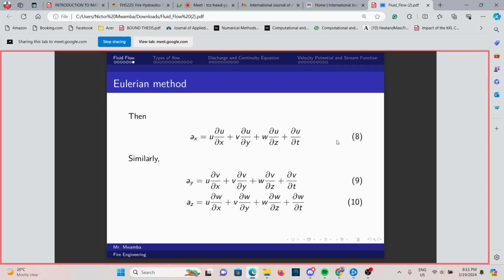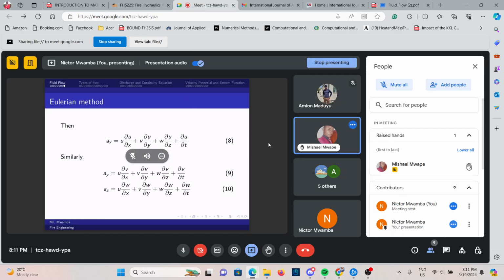So, Eulerian method. I'm trying to assimilate what we're learning. Looking at this slide, we're talking about studying a particle in fluid at a particular moment.